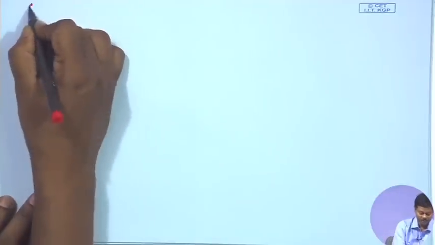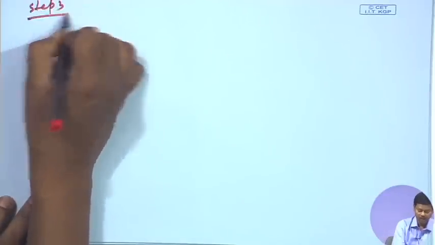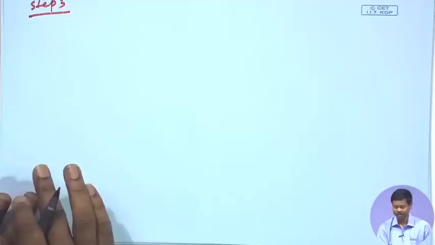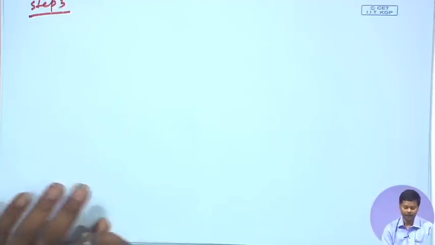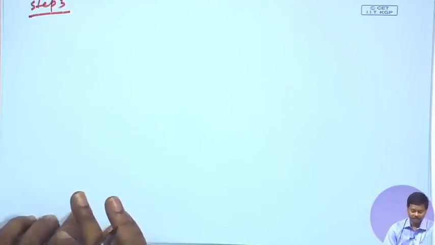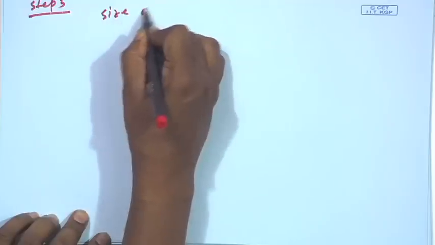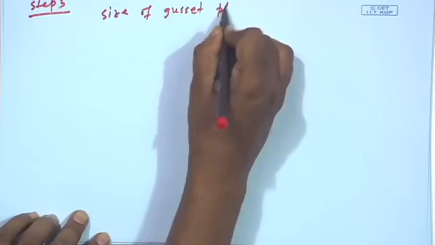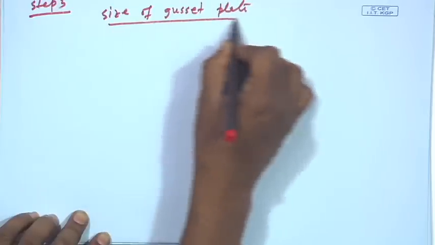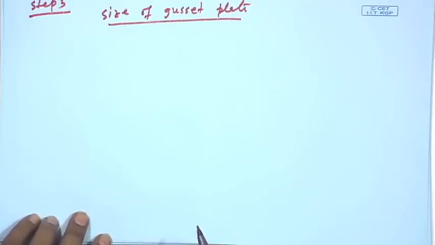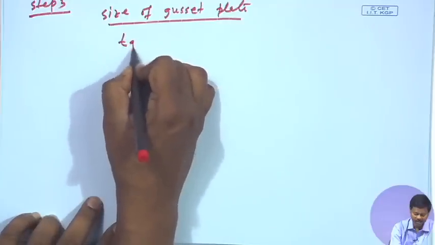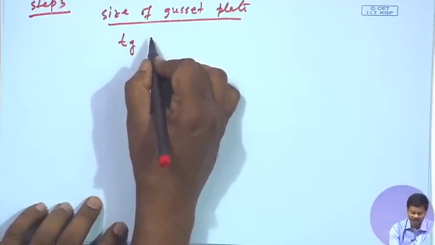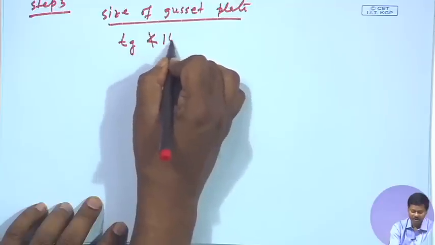So, in step 3 what we will do? In step 2 what we found? The required area. Now, in step 3 we will try to find out the size of the Gusset plate, that means its length, width and thickness, and thickness of the Gusset plate generally should not be less than 16 mm.